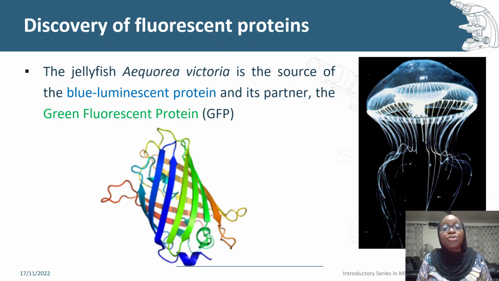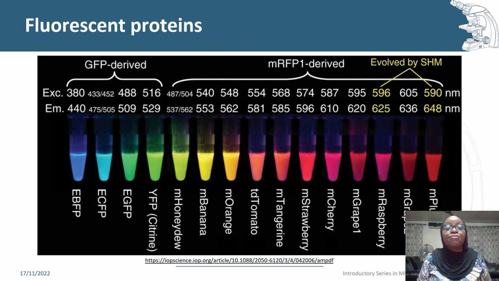It produces flashes of blue light by a quick release of calcium, which interacts with photoproteins in aequorin. The blue light produced is, in turn, transduced to green by the now famous green fluorescent protein.